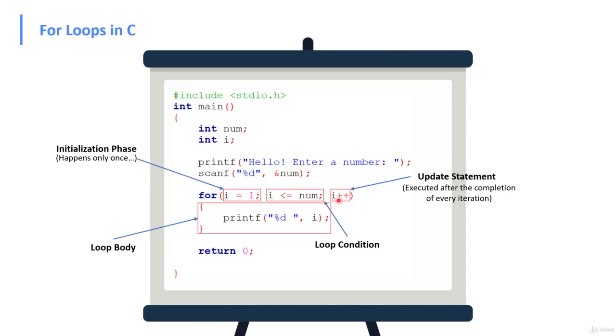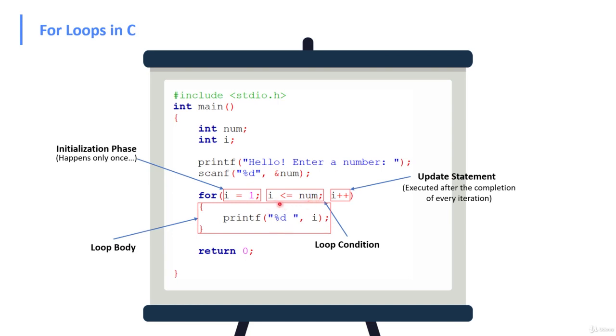We do the same for the third iteration. We increment i by 1, i will be equal to 3, 3 is less than 5, we print 3 to the screen, and so on until we reach the point where i is greater than 5. If it's 5, 5 is less than or equal to num, so 5 will be printed, and we will see all the numbers from 1 till 5 on the screen.